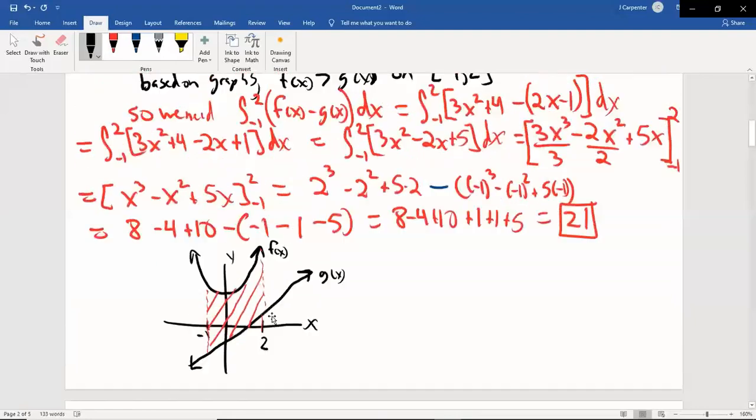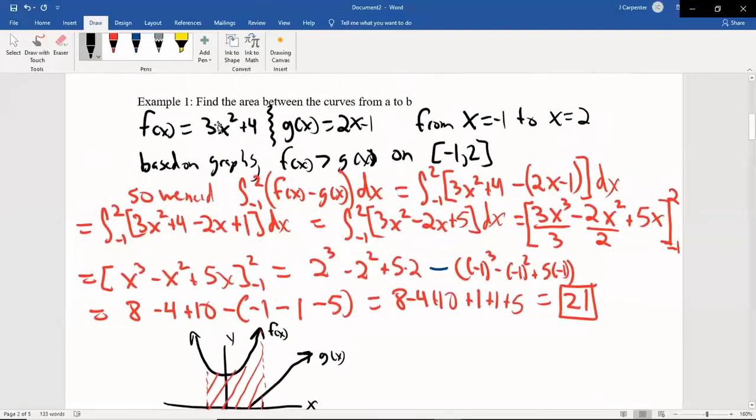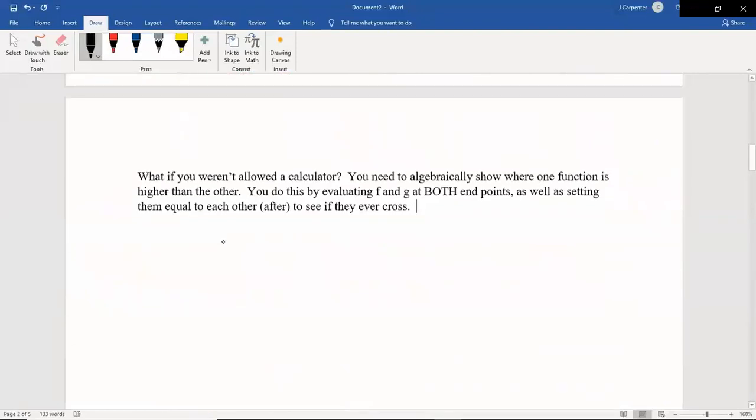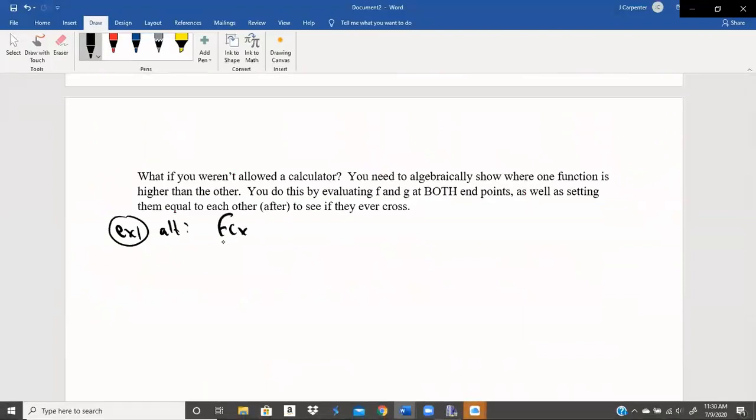So going back to that example with f of x being 3x squared plus 4 and g of x being 2x minus 1, we were going from -1 to 2.